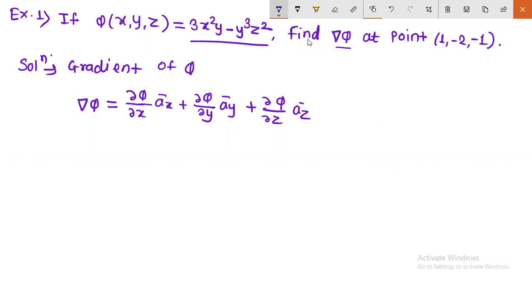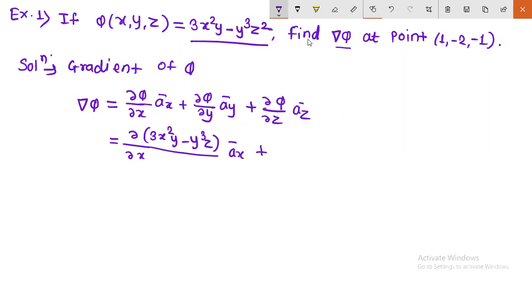Okay, now we have to simply solve this. Phi is already given, right? So just put values everywhere. Del upon del x of this phi is equal to 3x square y minus y cube z square, into unit vector a bar x.